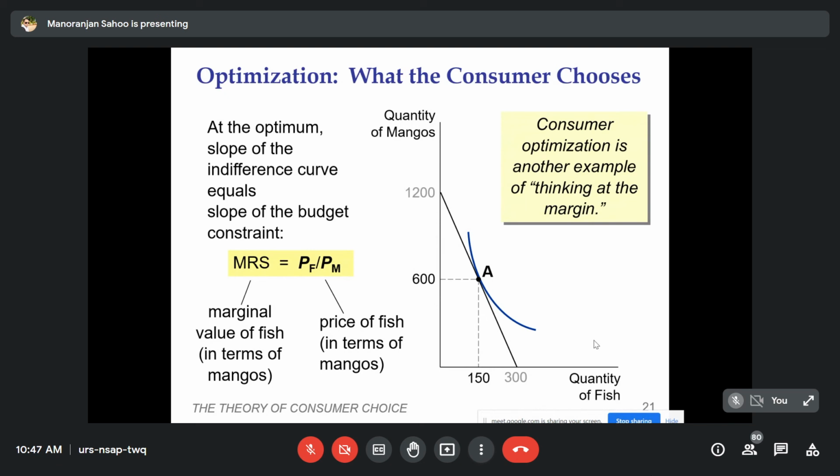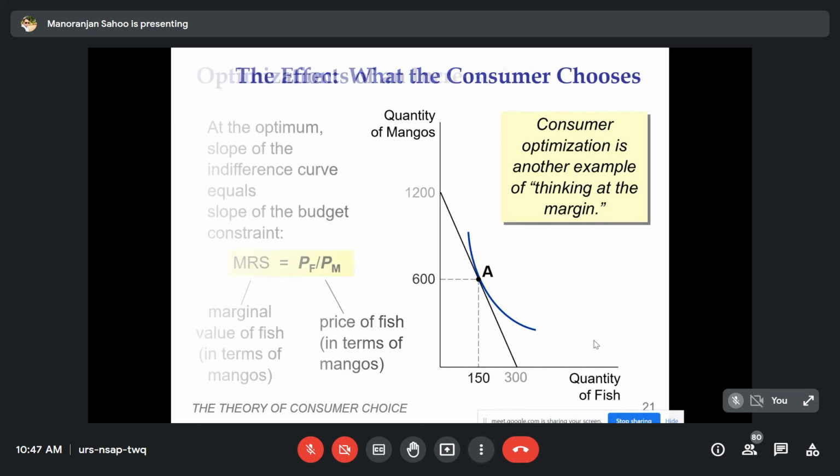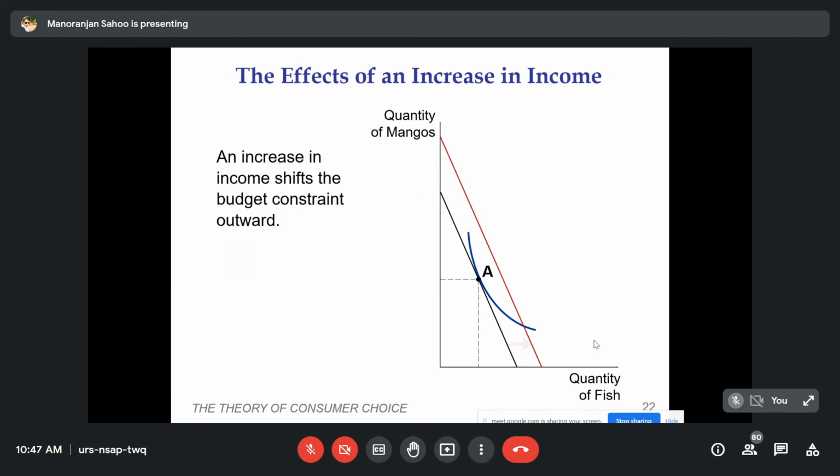The slope of the budget line is equal to the price of commodity X by the price of commodity Y. So at the tangency point, point A, where the budget line is tangent to the indifference curve, the slope of the indifference curve is equal to the slope of the budget line, and this is called the consumer's equilibrium. I hope you understood.